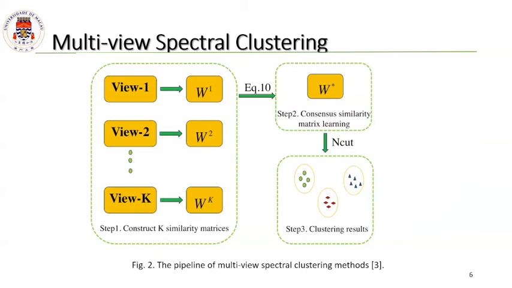Thus, these graphs are able to mutually reinforce each other by consolidating the correlation between the data objects collectively. Figure 2 shows the pipeline of the multi-view spectral clustering method, which first learns a fixed common affinity matrix of all the views from the original data, and then conducts k-means clustering on the resulting common affinity matrix.